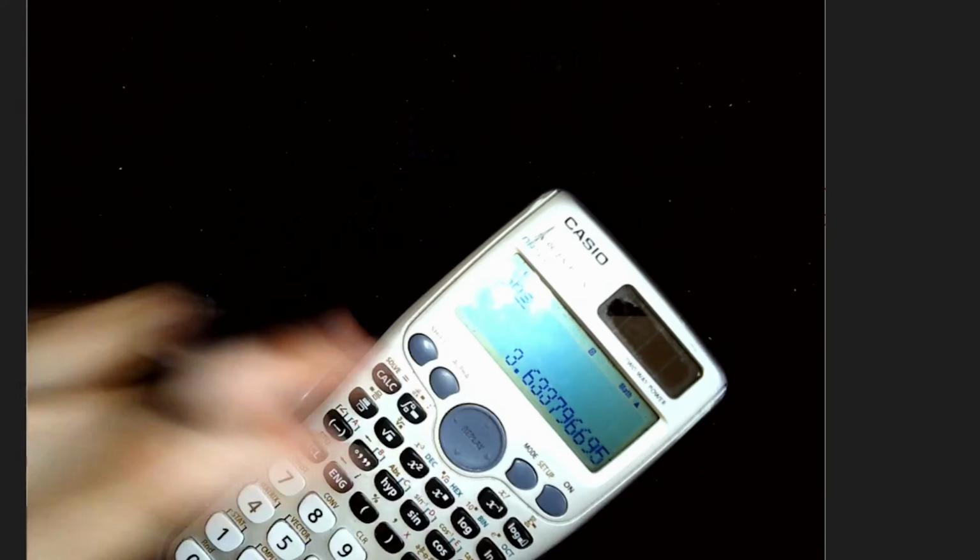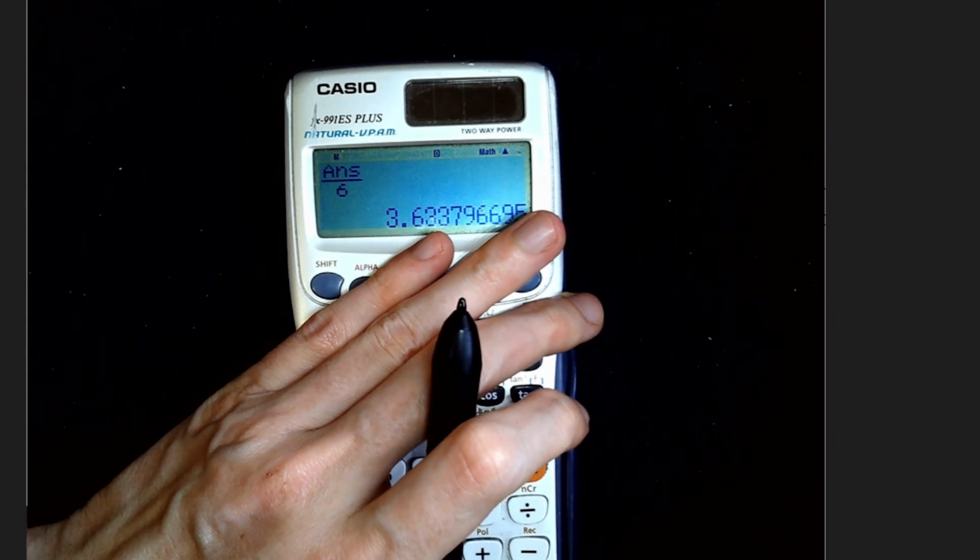So let's try and do this with the camera again like we did last time. The camera is some way off for some reason, let me sort that out. Okay, there's my number.